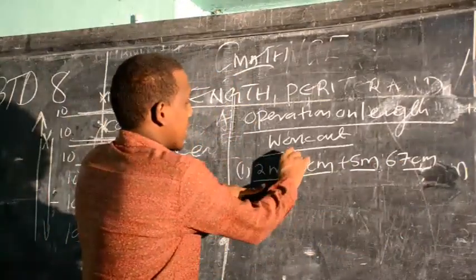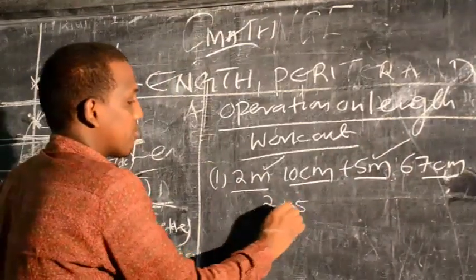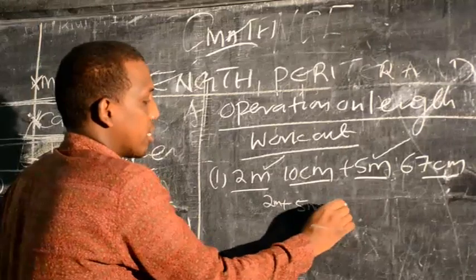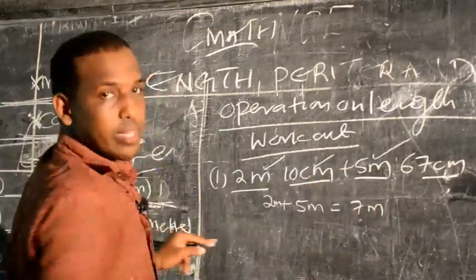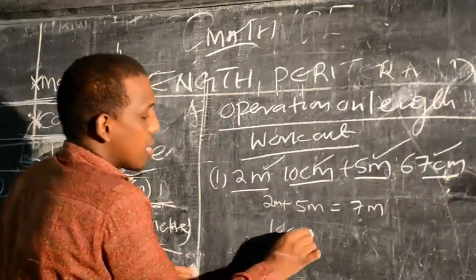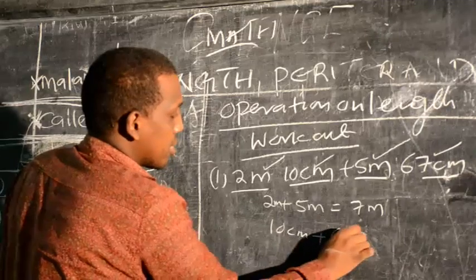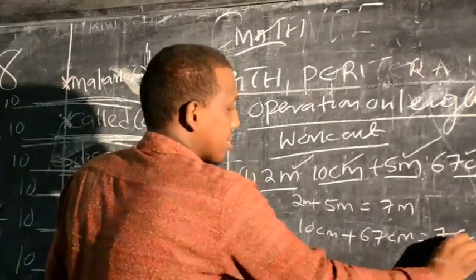So meter is here, another meter is here. We add now. 2 meters plus 5 meters is equal to 7 meters. And this one we have 10 centimeter and 67 centimeter. We group them. So 10 centimeter plus 67 centimeter, you get 77 centimeter.